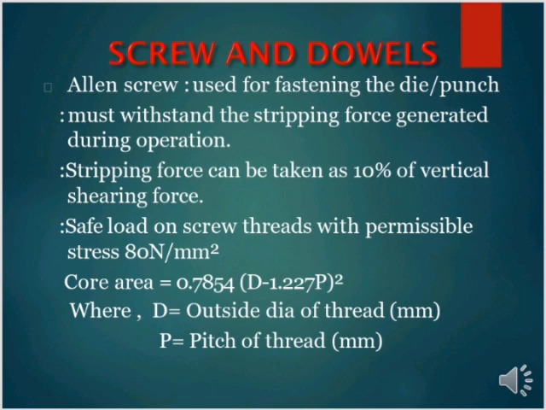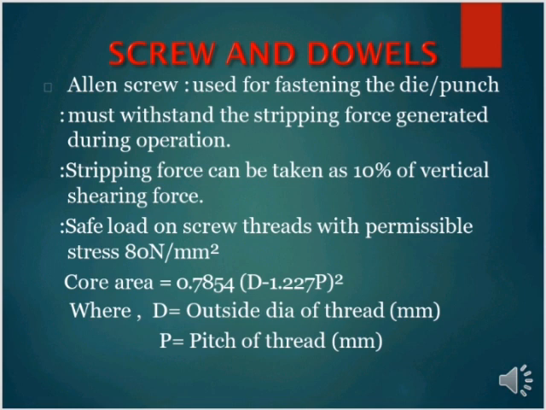Stripping force can be taken as 10% of vertical shearing force. Shear load on screw threads with permissible stress is 80 Newton per millimeter square. For this, we have to calculate core area by the formula.